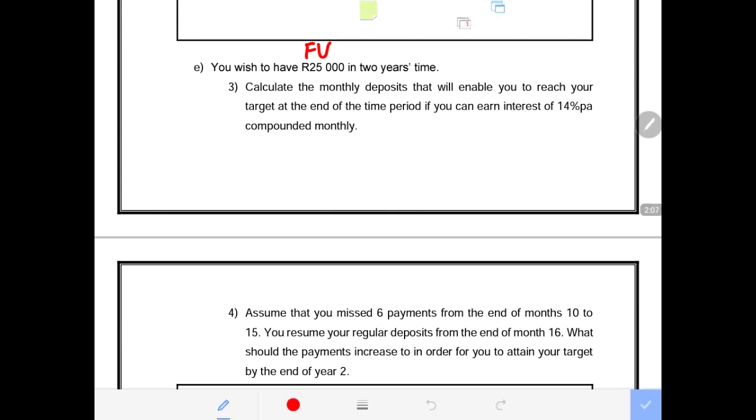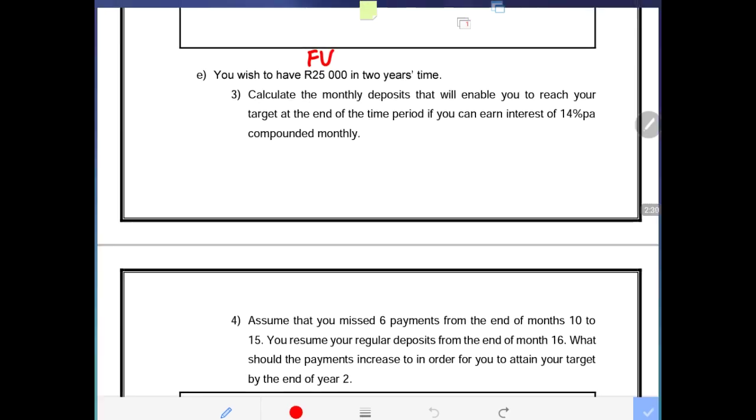So how much can you pay every month if you have 14% interest per annum compounded monthly, and you want to reach the target of 25,000 in 2 years to come? Let us first respond to the first part of the question, then the second part.